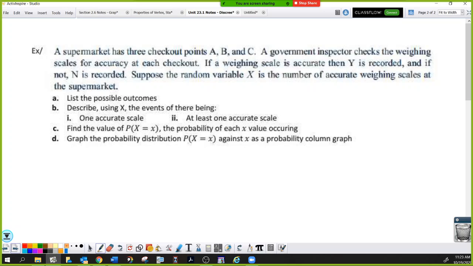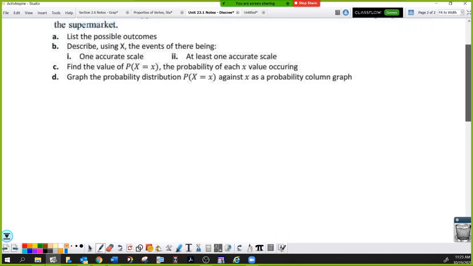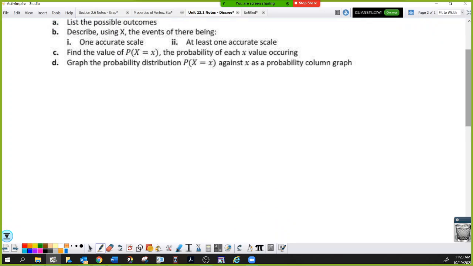Here we go. What are my lanes? A, B, and C. So these are possible outcomes. Lane A, lane B, lane C, and capital X is supposed to be the number of accurate scales.